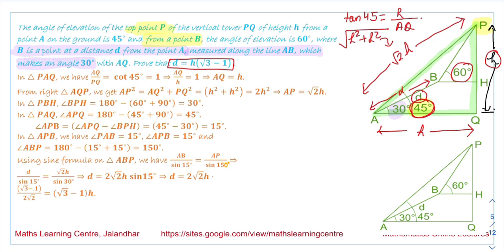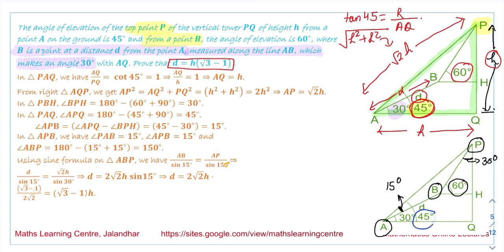Now again look at this triangle ABP. This angle over here is 30 degrees, this is 45 degrees. So this smaller angle over here, the measure of this angle is 15 degrees. If this angle is 60 degrees, then the measure of this angle comes out to be 30 degrees.